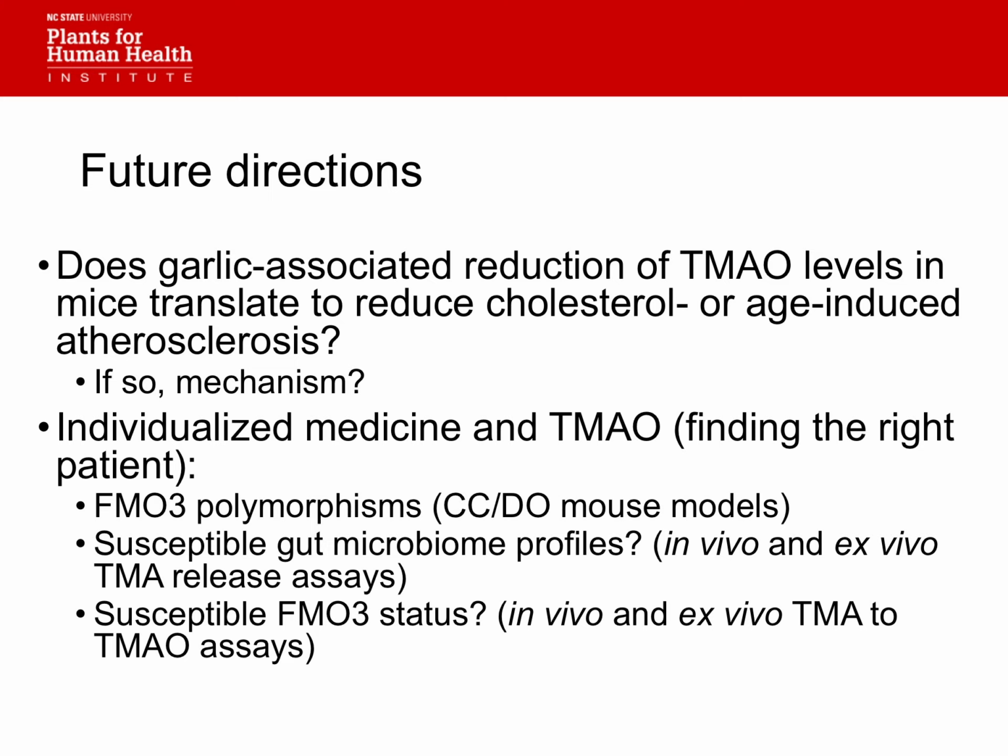Is there an FMO3 status that we can identify in vivo that says, yes, this person might benefit from some of these treatments, so that we can target these dietary interventions to people that will actually benefit from them? Wouldn't that be useful if somebody could say, I know for a fact because of these different traits that you have, that this treatment or dietary intervention is going to work better for you than this one, so don't waste your time with it.